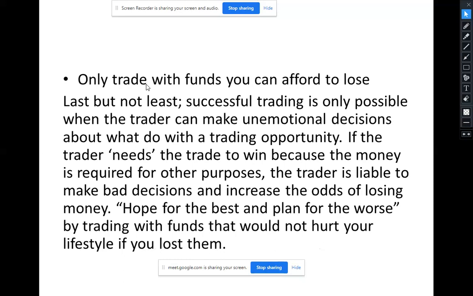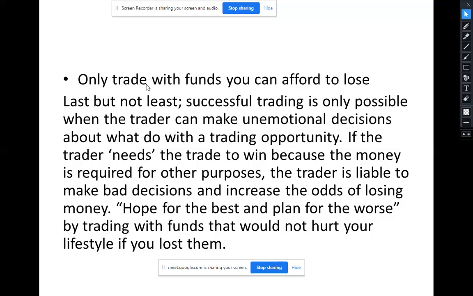Now, the last thing I want to discuss about the money management plan is that you should only trade with funds you can afford to lose. Some days ago, someone asked me, the last money he has with him is $200. Can he trade with this $200, use my signal, and make a profit at the end of the week? Well, I told him that this is not what trading is all about.